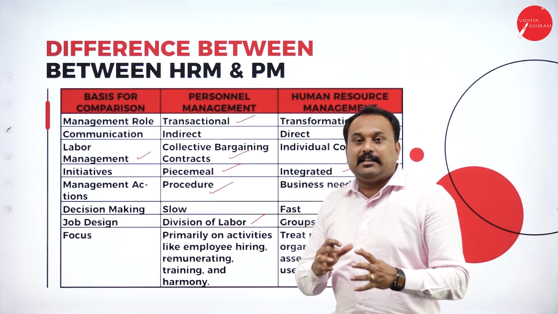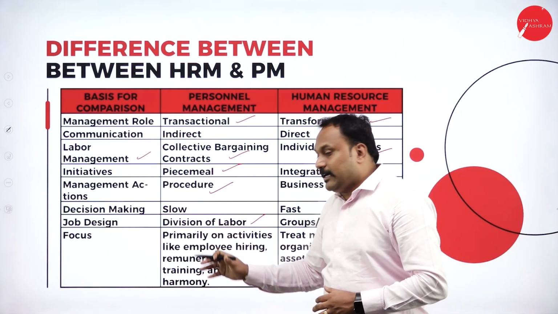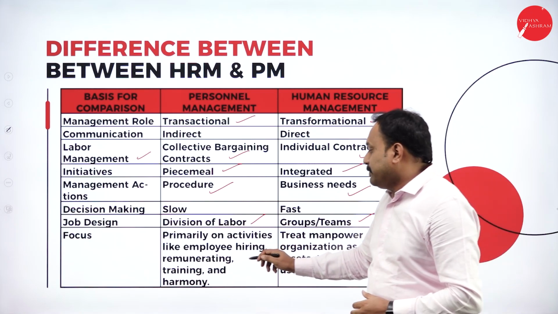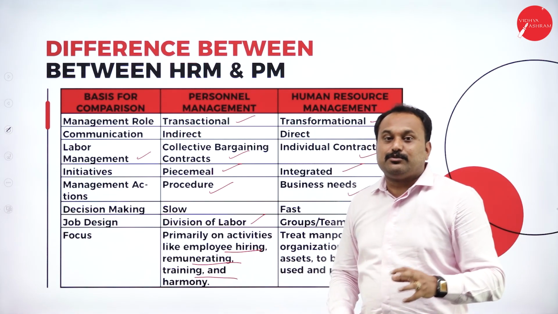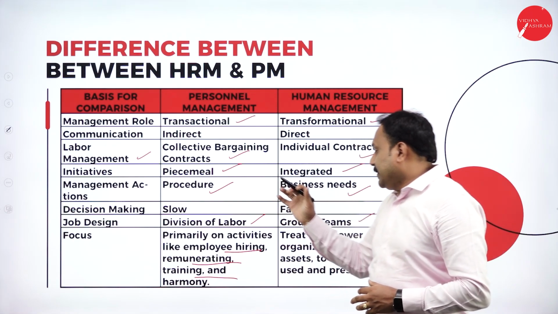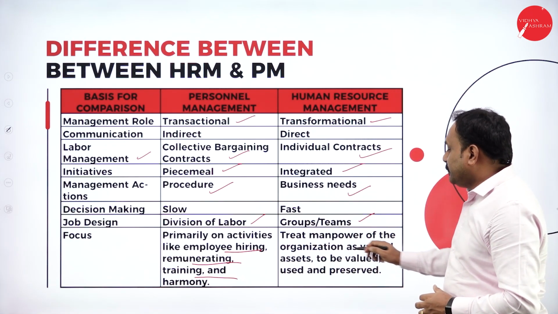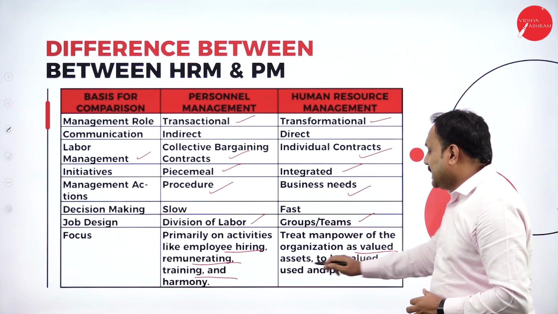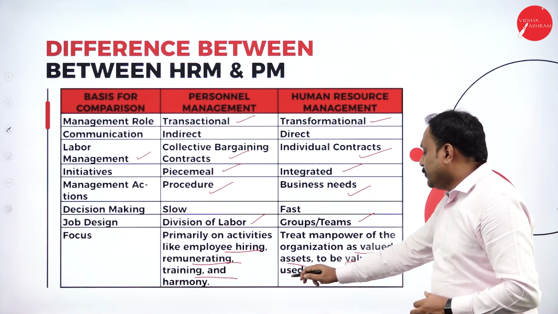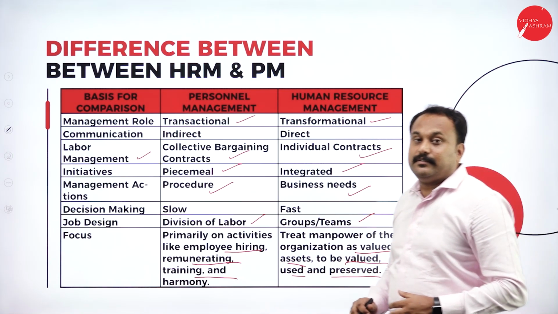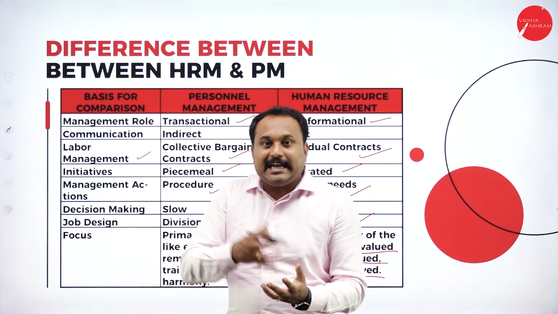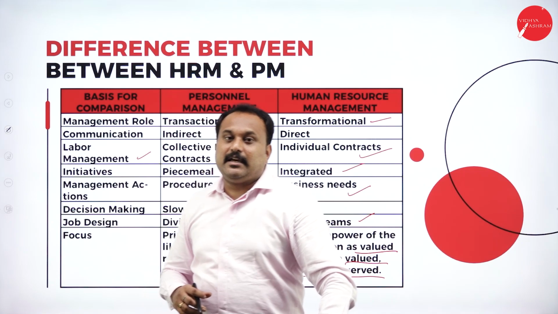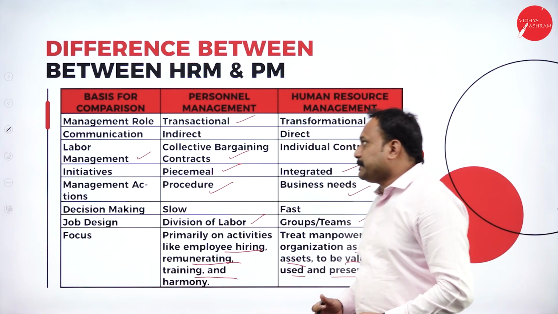Focus is what exactly they focus primarily on: activities like employee hiring, remuneration, training and harmony is what they only check. But here, treat the manpower of the organization as valued assets to be valued, used, and preserved. So it is not like a use and throw policy. It is always about you enhance their capacity as well as capability.